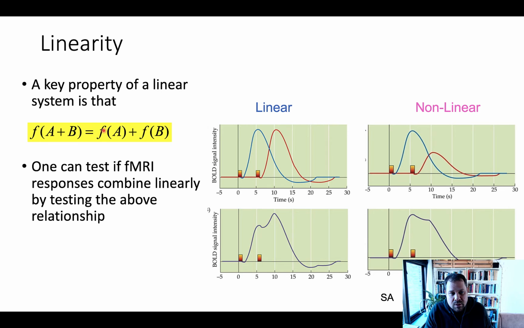So the function of A is the blue line here, and the function of B is the red line here. And then the joint response, function of A plus B, is this superposed, purple response here. This is the case of linearity.